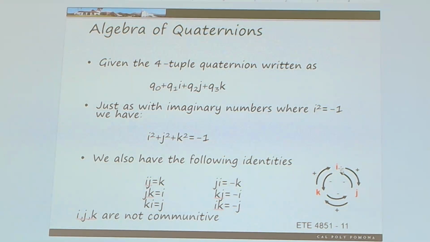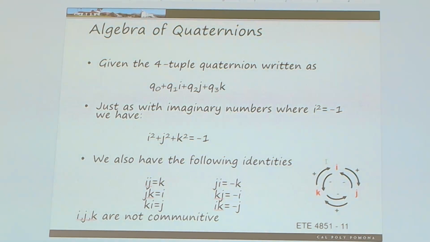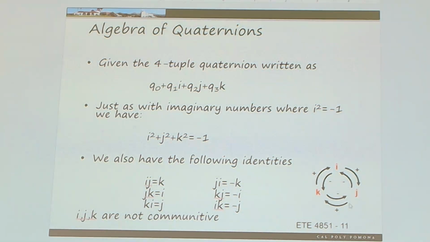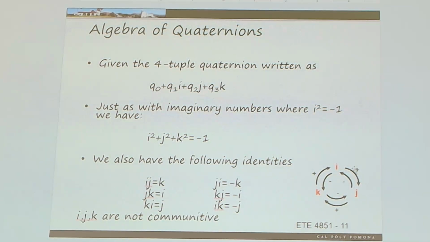Think of this as my rotation. i times j gives me k in the plus sense, so this is giving me almost my direction of rotation. My j times my k is i. My k times my i is j. And if I'm going in the opposite direction, that's what that little minus sign out front is. So j times i is minus k. It's k, but I was going the opposite direction.